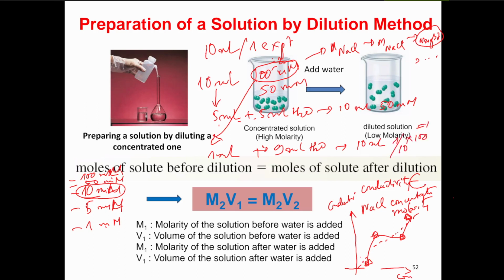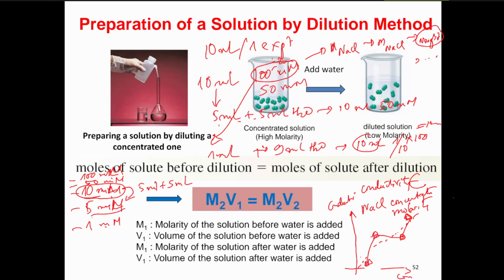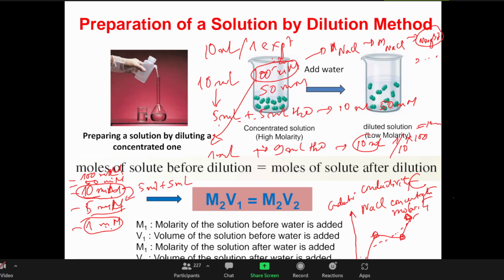That means 10 millimolar. And then when you have 10 millimolar already, you divide by 2. That means you take 5 milliliters, you add 5 more milliliters of water, so you will have 5 millimolar. And then when you have 10 millimolar, you want 1 millimolar, you dilute by 10 times.